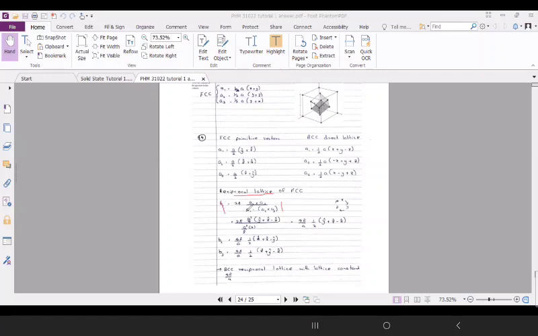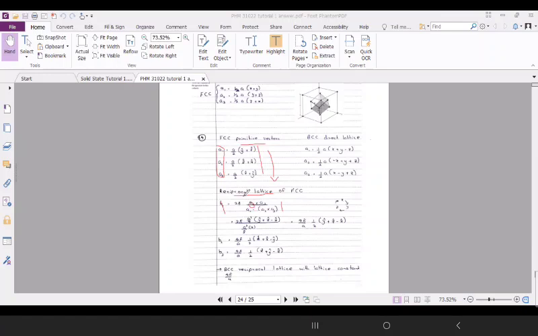These A1, A2, A3 are called primitive translational vectors. Using the primitive vectors or direct lattice vectors, you have to get the reciprocal lattice of FCC. You already have these values for A1, A2, A3.